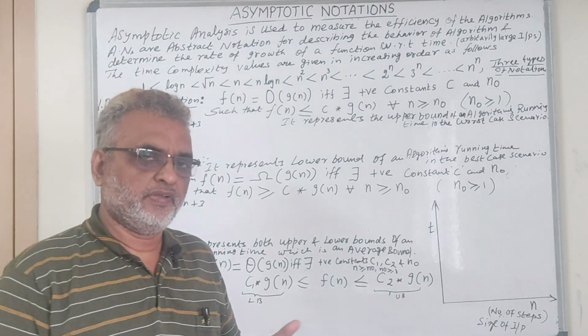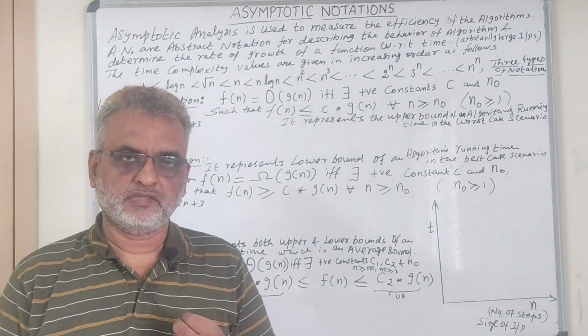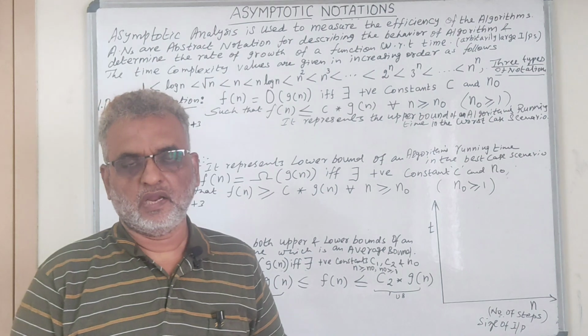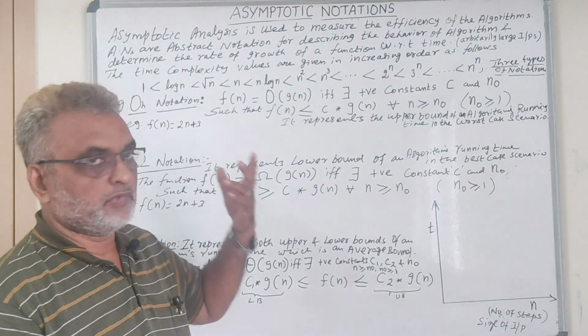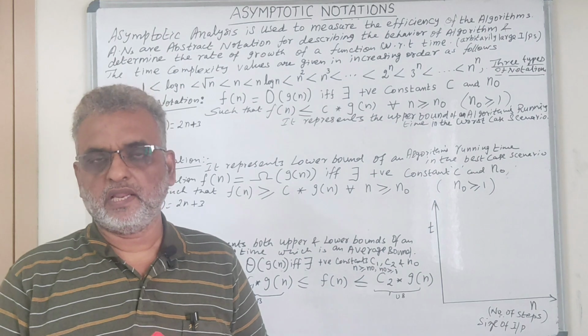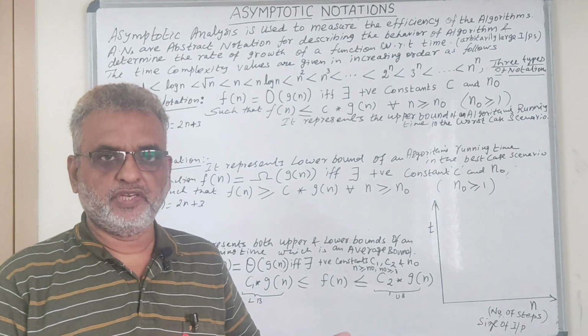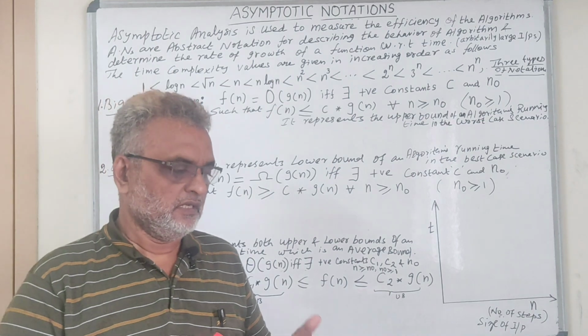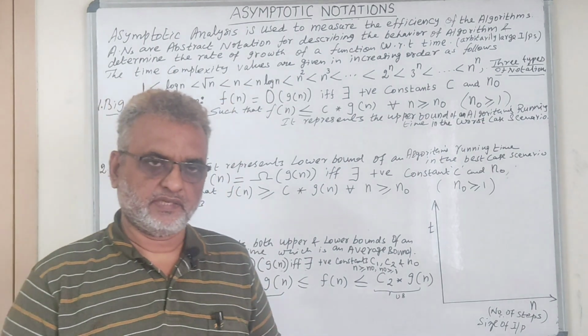The efficiency of any algorithm depends upon two important factors: one is time and another is space. Asymptotic notation is used to analyze the time as well as the space, so we need to analyze the time complexity and the space complexity.